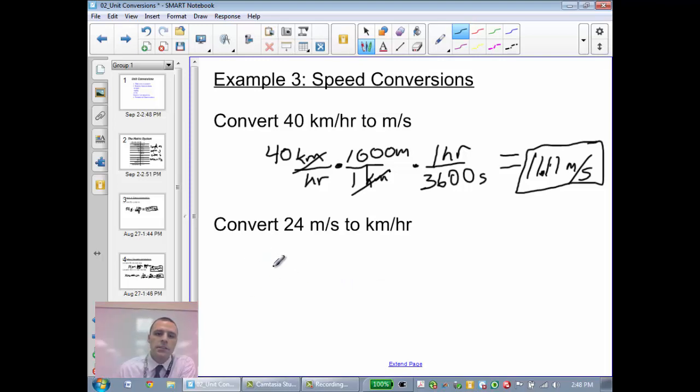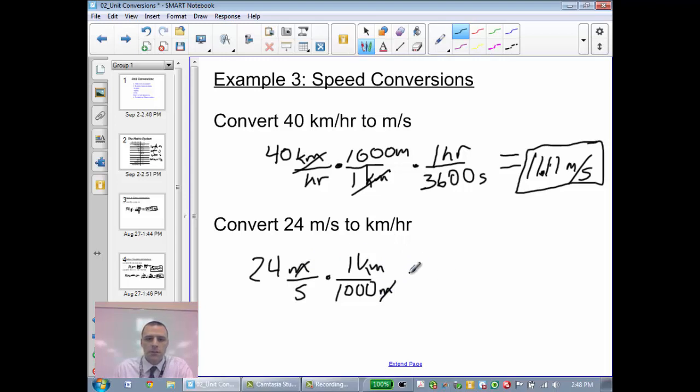So hopefully you did the example on your own, and I'm going to do it out right now, 24 meters per second. And I'm going to convert distance units first. You don't have to, but that tends to be what I like to do. There are 1,000 meters in 1 kilometer. So meters cancels, and I'm left with kilometers for my distance.